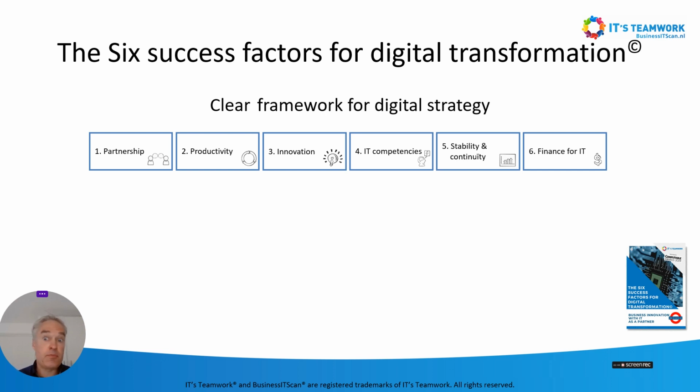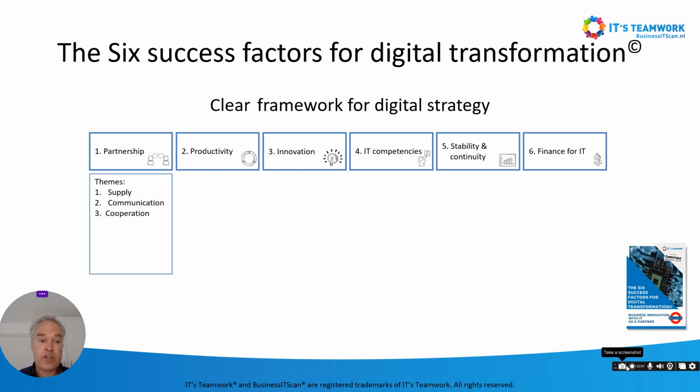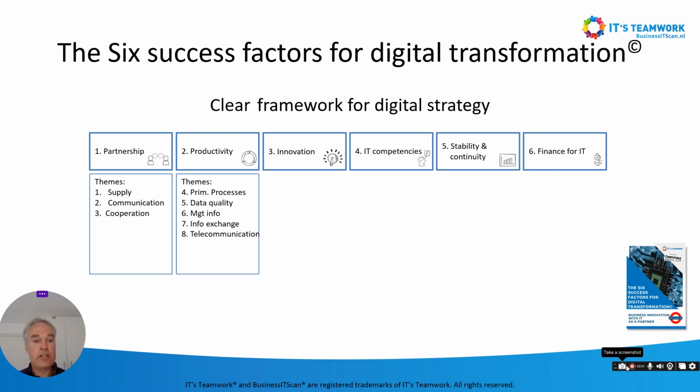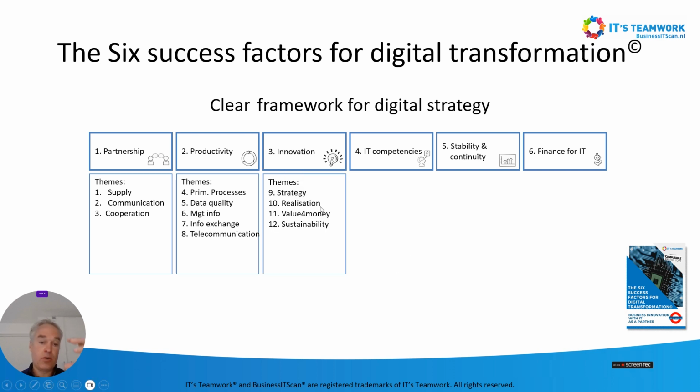The last success factor, last but not least, is how the funding, how the financial assets are managed for digital transformation. So we attached 27 themes to these 6 success factors. And you can imagine those correlate, because if there is an innovative strategy for an organization, it should be funded properly.